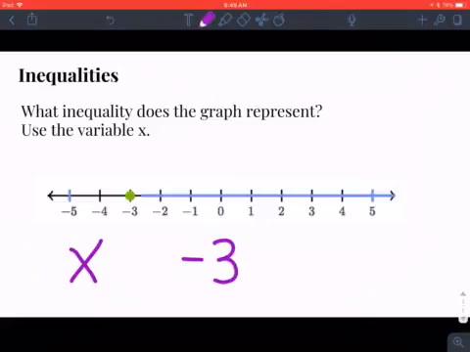Now, it is pointing to all these numbers that are bigger than negative 3. It goes all the way to 5, and it would keep going if our number line continued. So this is going to be numbers that are greater than negative 3, but also because this is a filled in point, it needs to be greater than or equal to negative 3.